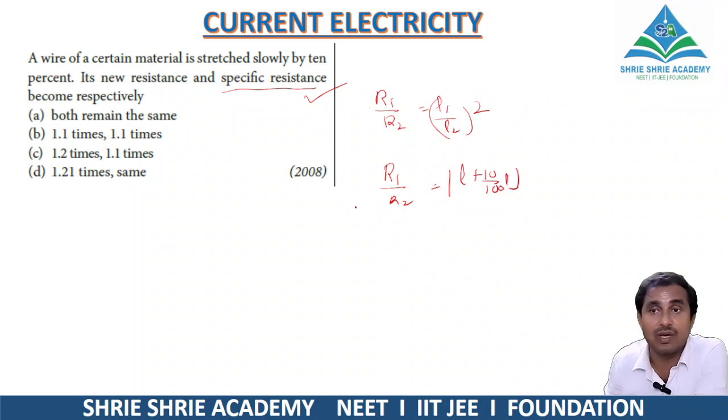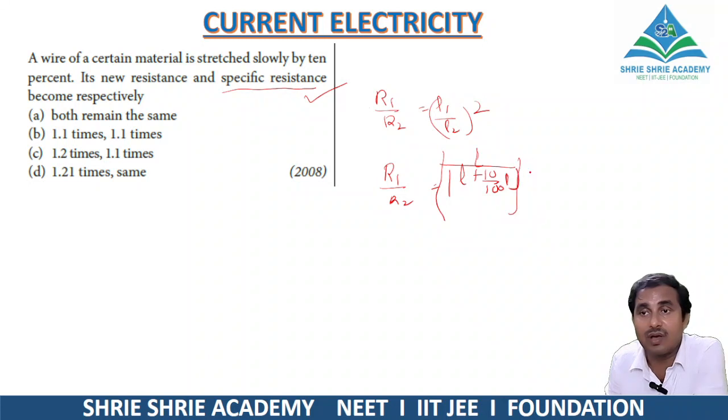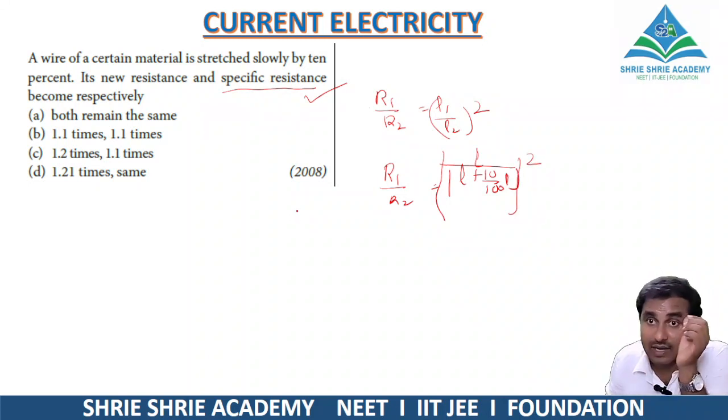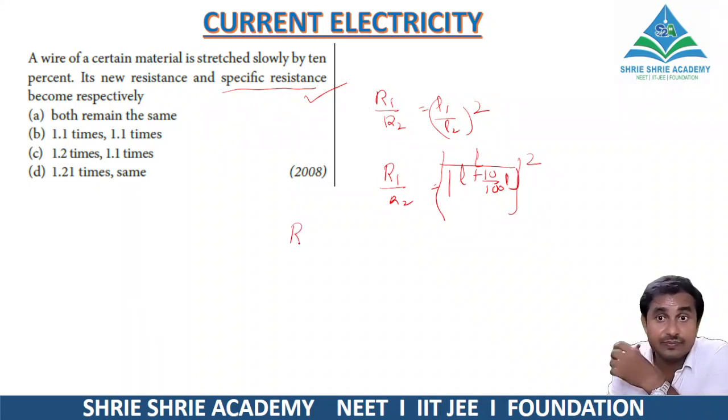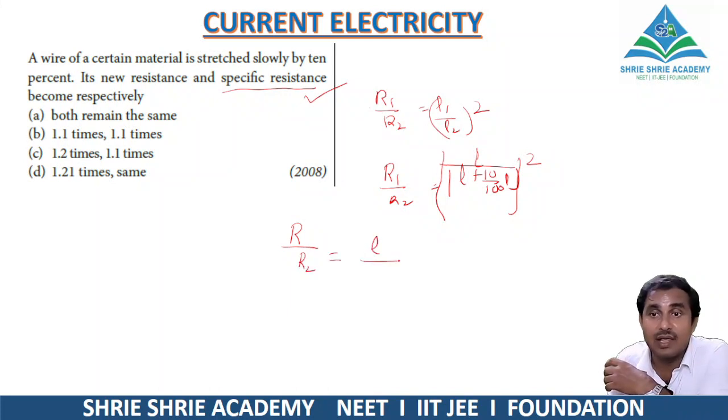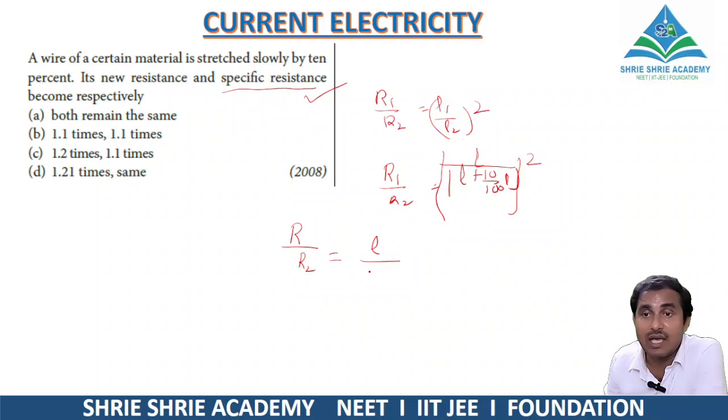L1 is L, L2 is 11 L by 10. Square of that you can write. R1 was R, R2 we don't know. L1 was L, L2 is 11 by 10 the whole square. So you get 121 by 100.